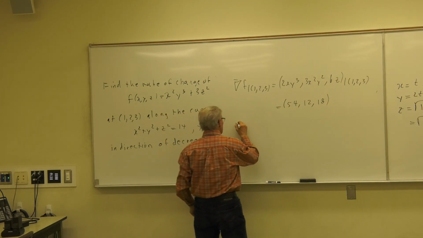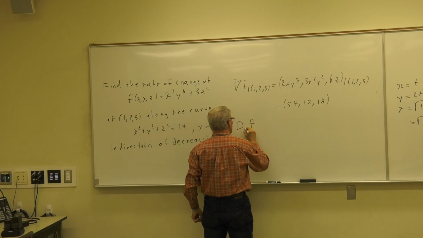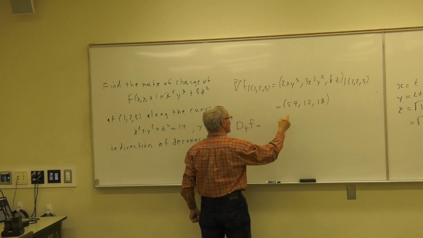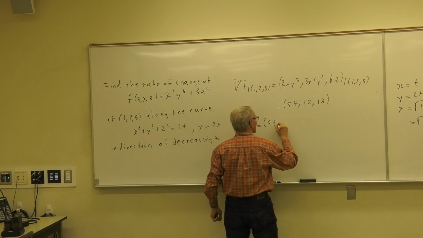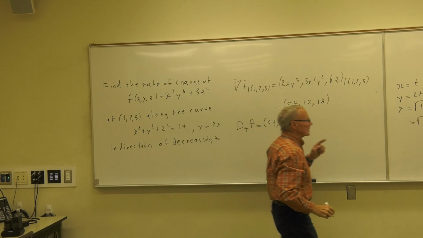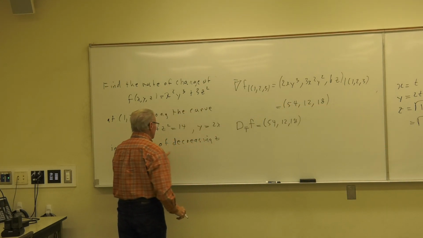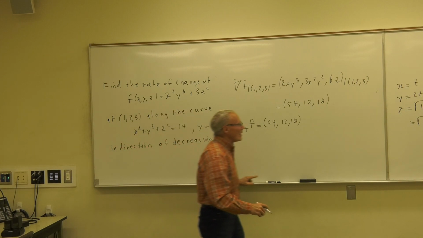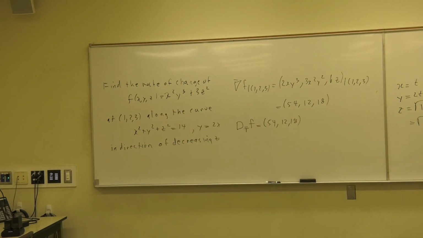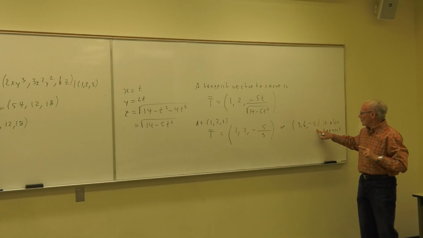So now we can see the directional derivative of the function in the tangent direction is this guy, 54, 12, and 18, dotted with the unit vector. Oh, one thing we didn't check, it says in the direction of decreasing z. Oh, that's okay. Notice we have a negative z component, so this is the one that we want.